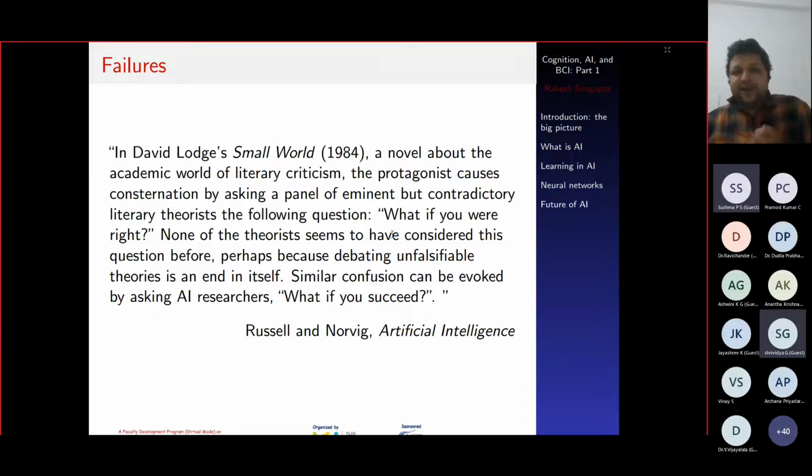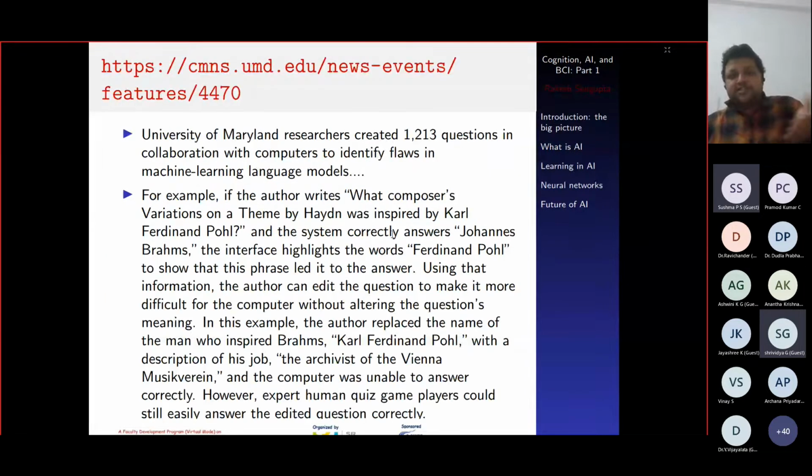And why that needs to be a caution, we need to talk about some of the other research that has happened recently. One of the University of Maryland researchers created 1213 questions in collaboration with computers to identify flaws in machine learning language models.